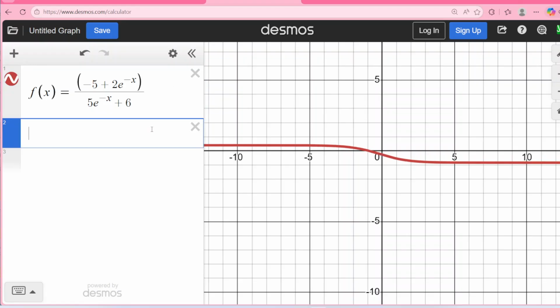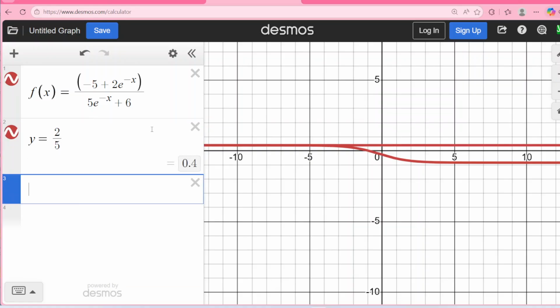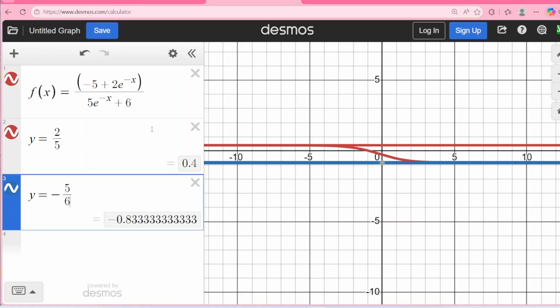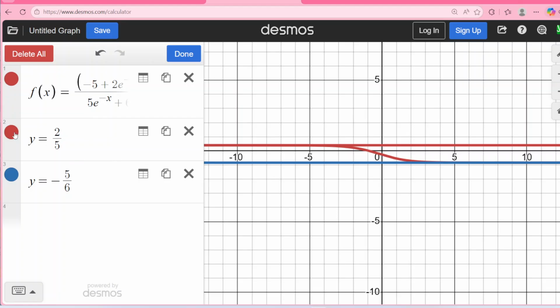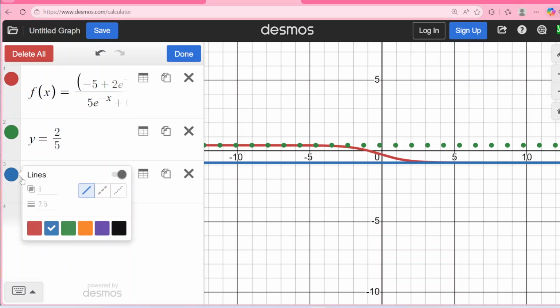If I go y equals 2/5, what we said was our left limit, and our right limit we said was y equals negative 5/6. I'll change these up, make them green and dotted. I like the dash better.